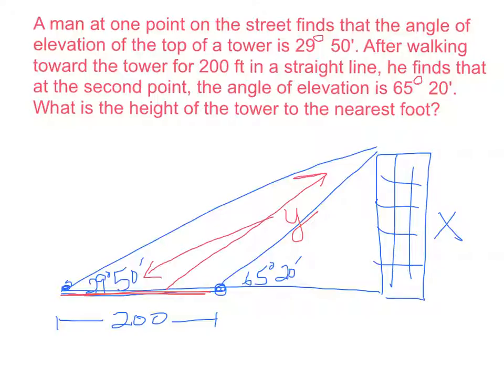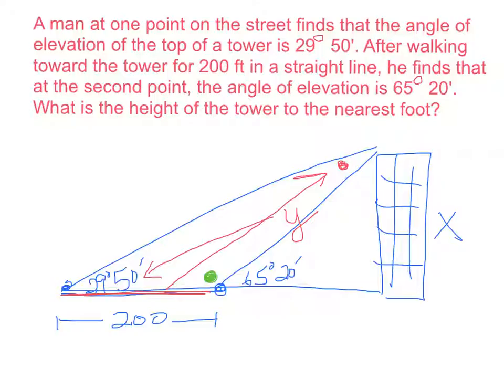Now you have to recall that in order for us to find this angle up here in the corner, we need to remember that this 65 degrees 20 minutes and this angle down here in the bottom left-hand corner, in green, are supplementary. So you're going to take your calculator and do 180 degrees minus 65 degrees 20 minutes.